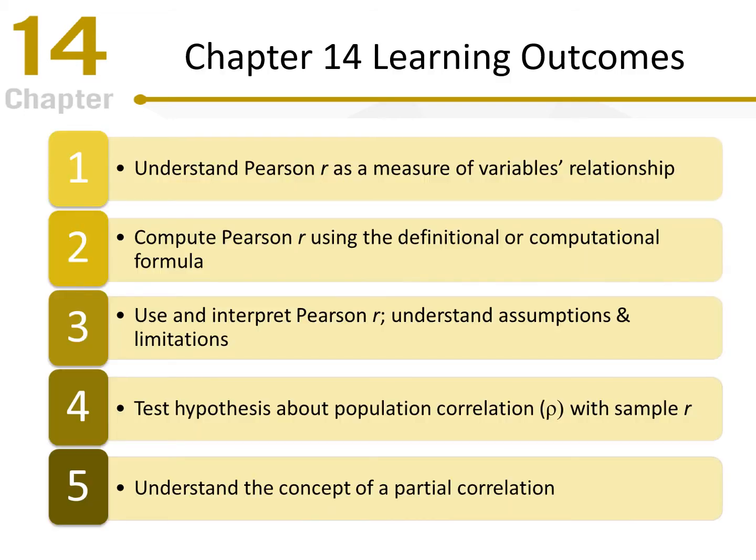So the Chapter 14 learning outcomes include understanding Pearson r as a measure of variables' relationship. Pearson r, known as the Pearson product moment correlation, is basically what most psychologists use to look at relationships. There are other alternatives to Pearson r, but it is the major measure that we're going to be using.